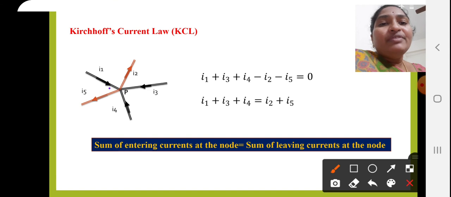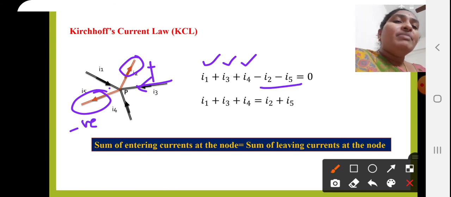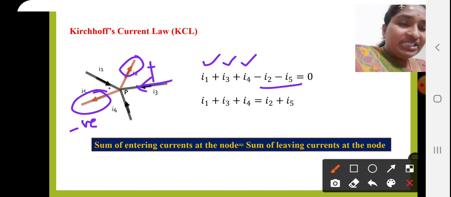I1, I3, I4 are the currents flowing towards the node. So they are taken as positive. And the remaining currents I2 and I5, the red marked currents, are flowing away from the node. These are taken as negative. So that's why minus I2 minus I5. This is the algebraic sum.